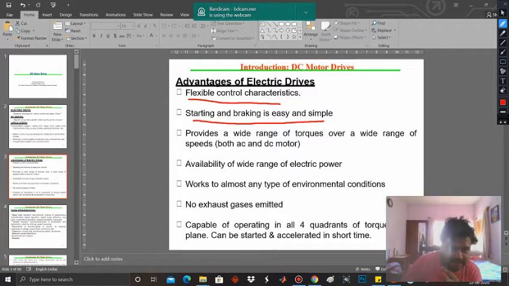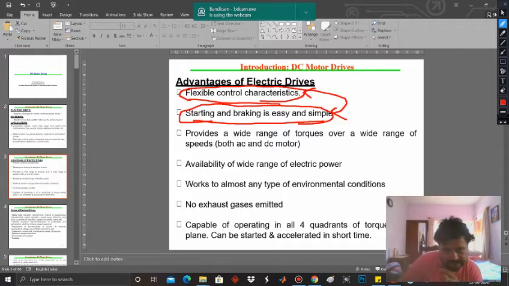So for that, what you require is a flexible control characteristic. So this is very much correlated with each other. They are rather interlinked with each other. So if you have a flexible control characteristic for that drive, then only your starting and braking and your precision of attainment of speed and torque will be easy and simple.